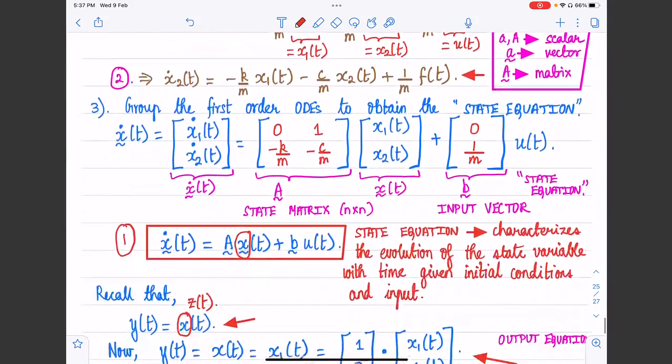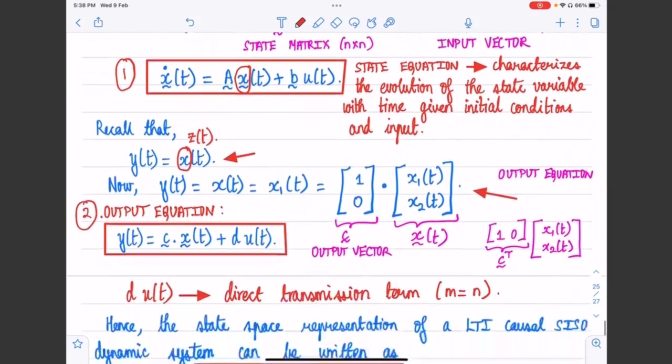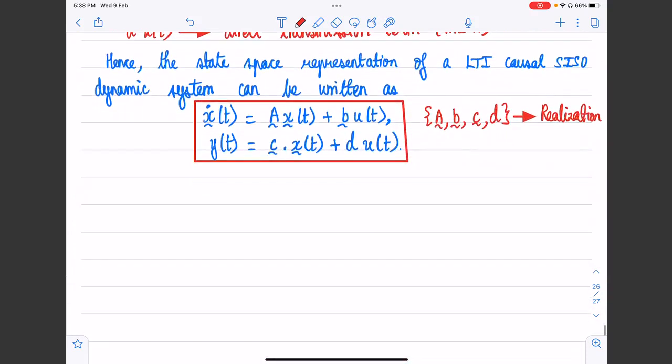Step three is to group the first order ODEs to obtain the state equation, and also form the output equation. The set A, B, C, D is called a realization. Is this derivation clear about the state space representation and the corresponding example? Any questions on this?